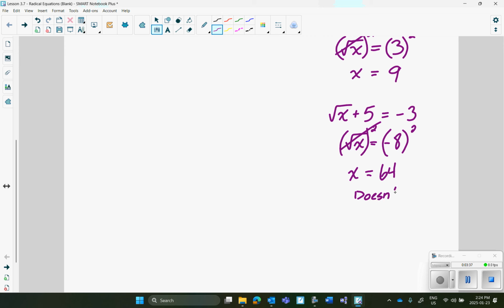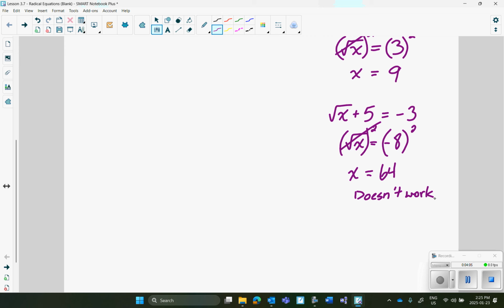That is going to happen sometimes with radical equations. You will actually get a solution that doesn't work. And it especially involves when you're squaring negatives to get x by itself. It'll change the answer and it won't work. So this is something we call an extraneous root.